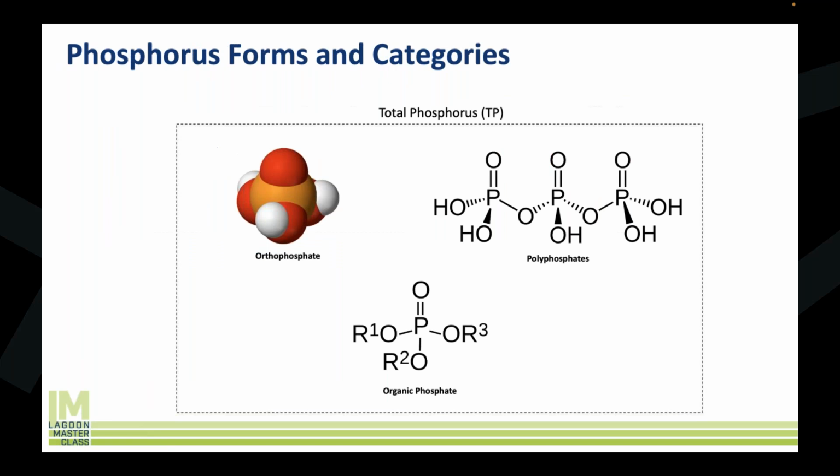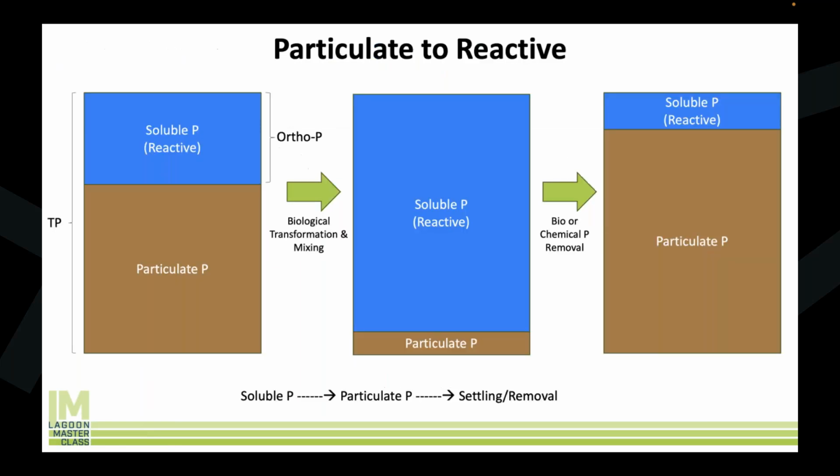And then finally, phosphorus. Total phosphorus is a combination of orthophosphate, polyphosphates, and organic phosphate. When it comes into the plant, most of your phosphorus is in particulate form, bound up in the solids itself.